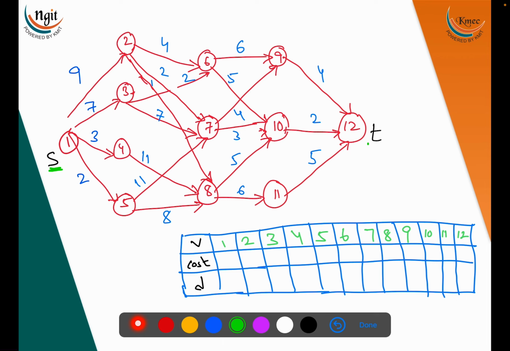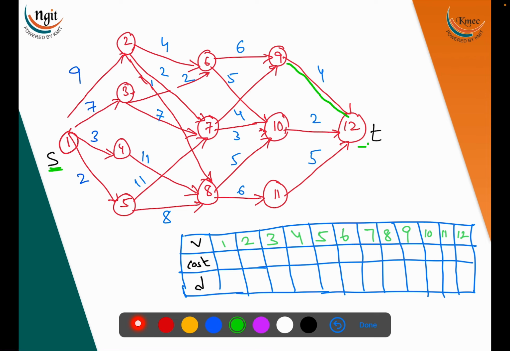Otherwise the cost of the other edges will always be infinite as we are not aware of it. But when you come across this node, you will be very sure what the cost of it is. So it is better to always move from the sink to the source. It doesn't mean that I am changing the direction. No, I am not changing the direction.